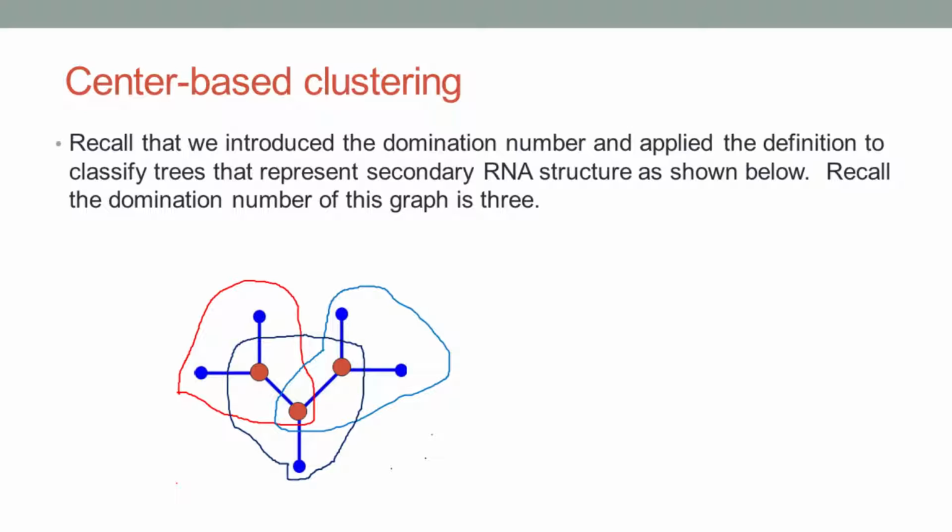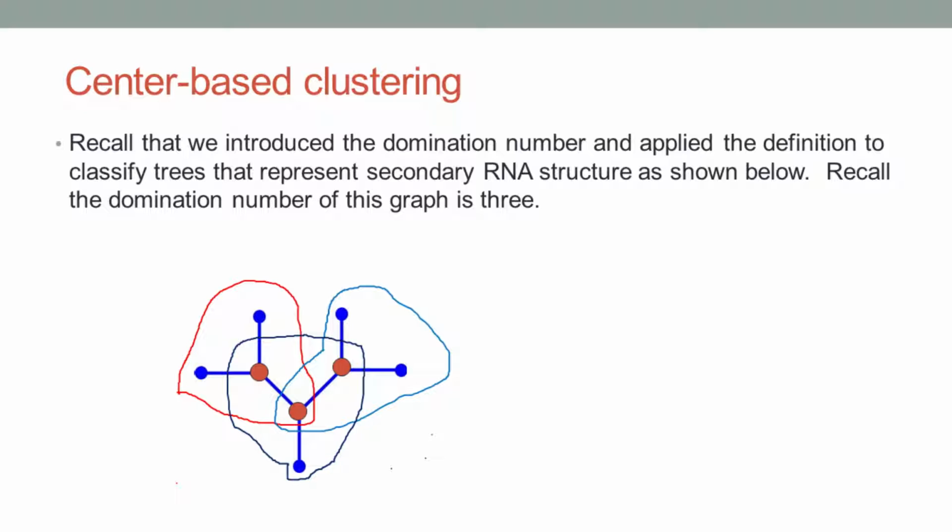The vertex on the upper left, we've taken its closed neighborhood circled in red, and then we have a closed neighborhood circled in blue, and the third one circled in black. So the way the algorithm was executed here gives an overlapping set of clusters.